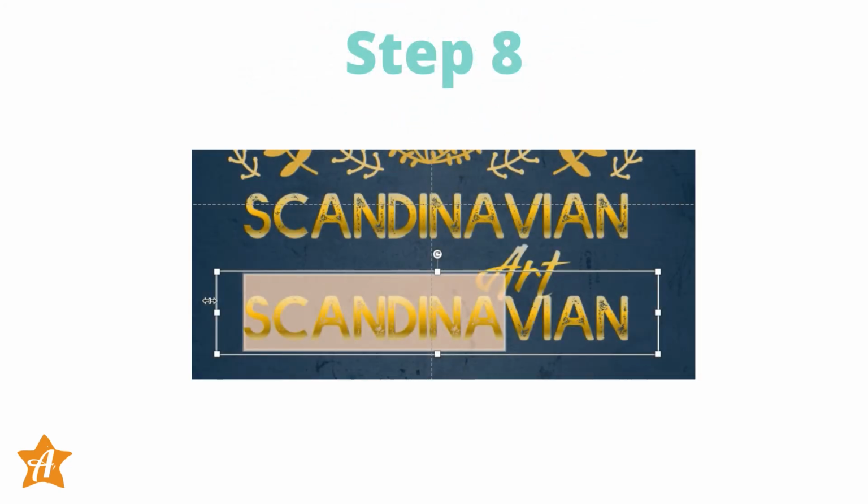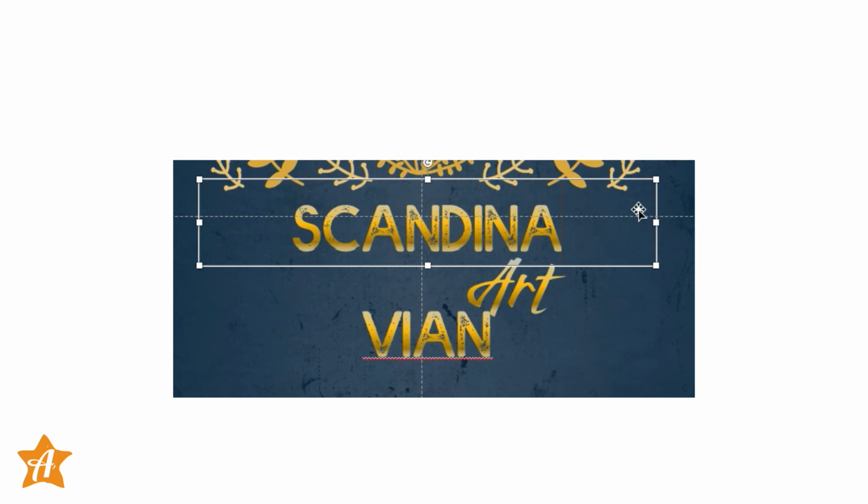Step 8 is a little bit of a side step. You can skip this if you'd like, but I decided that I'd like to fix the spacing between the A and the V in Scandinavian. So I pasted another copy of Scandinavian on the slide. I deleted the word from the V to the end on one copy and the SCANDINA on the other copy.